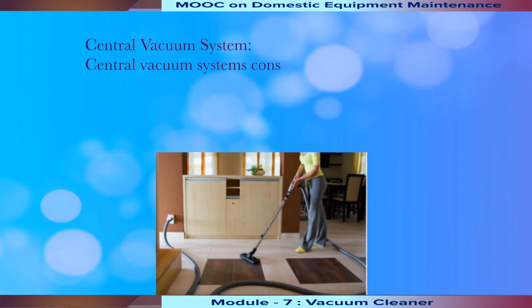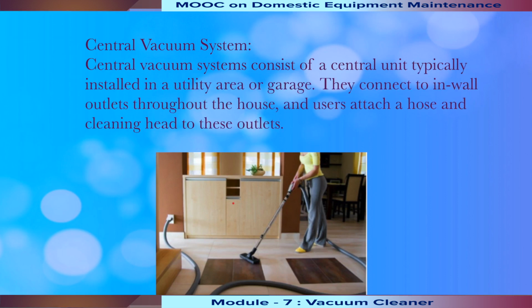Number 8. Central vacuum system. The central vacuum systems consist of a central unit typically installed in a utility area or garage. They connect to in-wall outlets throughout the house, and users attach a hose and cleaning head to these outlets.